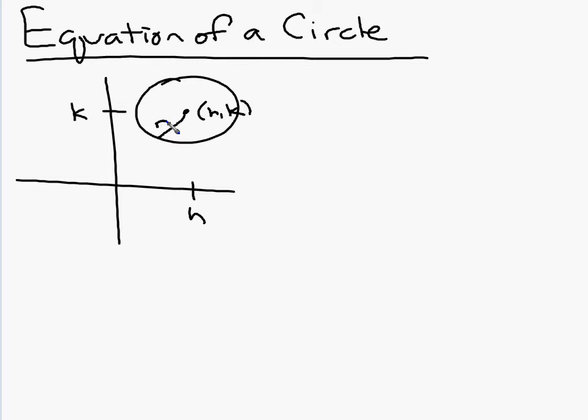If that is the situation with any given circle, then I know that the equation of a circle is (x minus h) quantity squared plus (y minus k) quantity squared equals r squared. Okay?